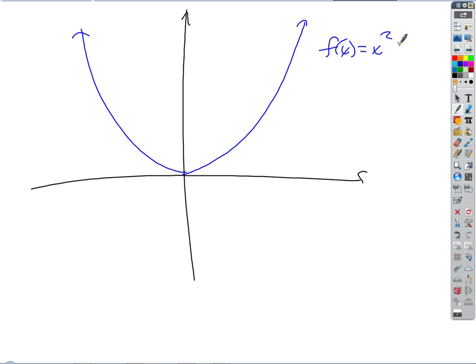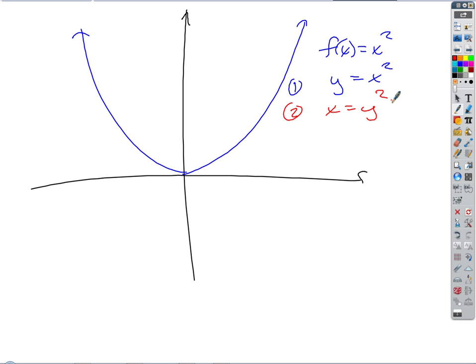So what's our recipe for finding an inverse? Change it to y. First step is change it to y. Next step, switch x and y. I'm going to make it red, so now we know that we've made the transition.